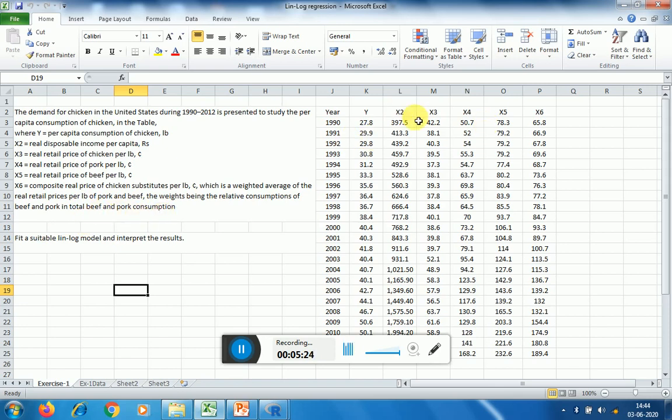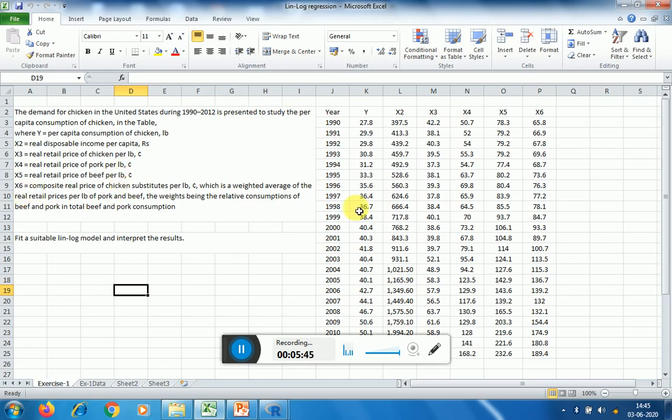So whatever consumption they observed of beef and pork, they have taken as the weight and multiplied by its price, so that this is how they have calculated the weighted average of the substitutes of chicken, and that is represented by x6. So this is one variable they have computed.